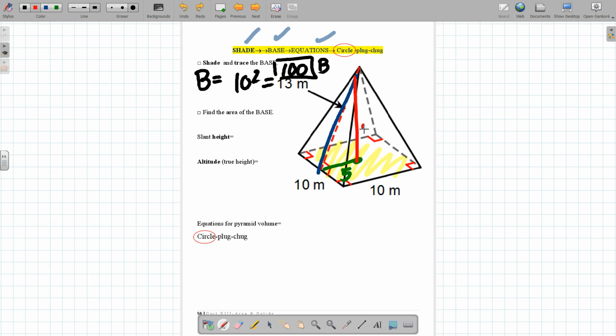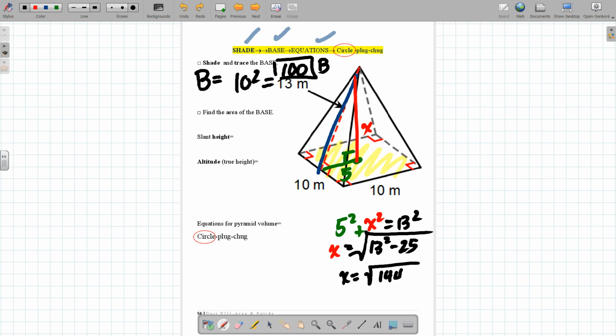And you want your true height, which you don't know. Pythagorean theorem: 5 squared plus unknown squared equals 13 squared. So x is the square root of 13 squared minus 25. X is the square root of 144, and our height here should have been 12.